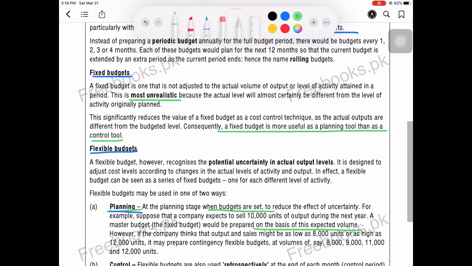But now, in the era of technology changes, which is very rapid, you really cannot estimate. In this fast moving world, you cannot fix the budget as it was for the previous year. That's why it is called more unrealistic.